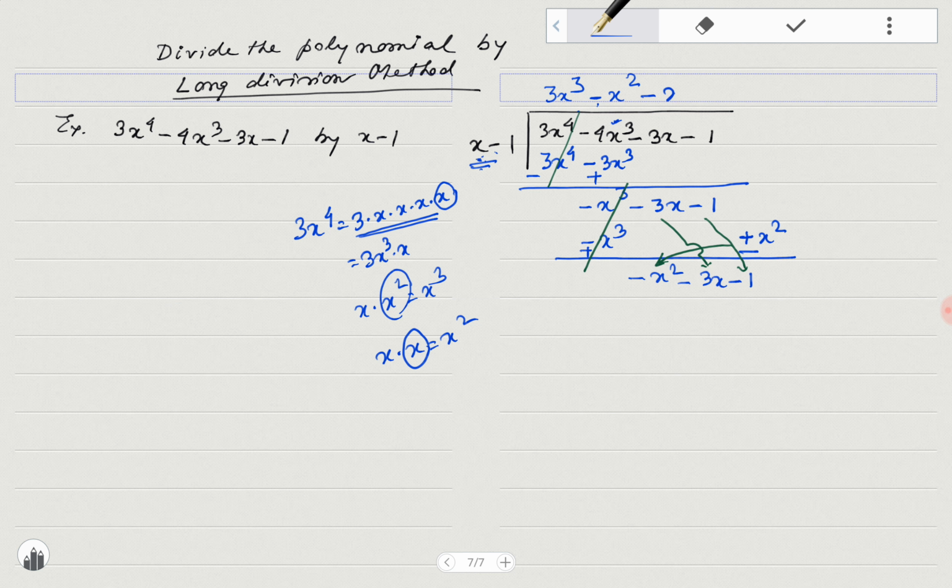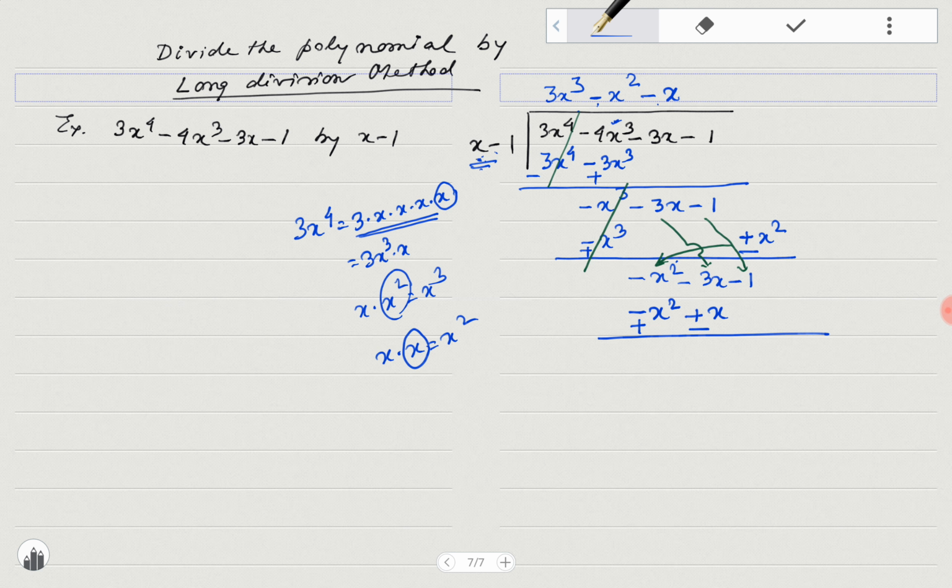So minus x. Now minus x into x gives you minus x square. Minus into minus is plus, so minus x into minus 1 gives you plus x. Yes or no? Now put a plus sign over here, minus sign.